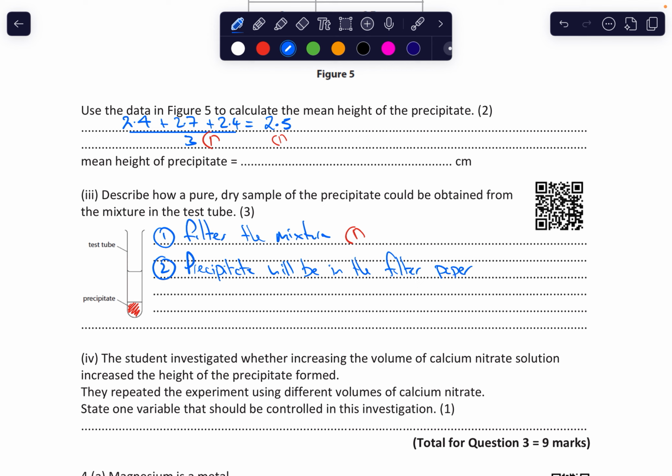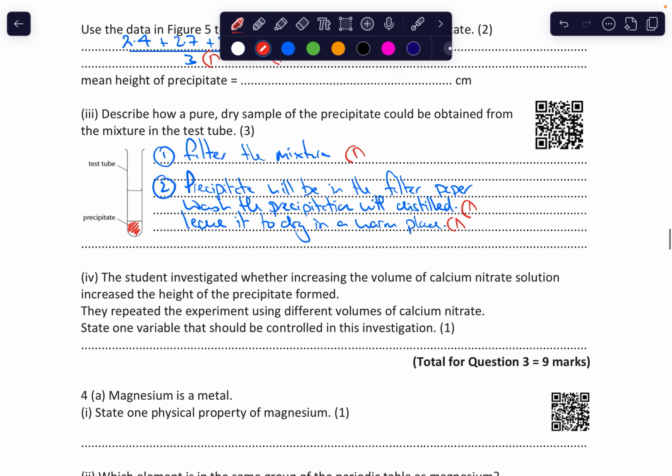Okay, and then what I need to do is wash the precipitate with distilled water. And that's going to remove any impurities on the surface, and then leave it to dry in a warm place. So marks wise is how they're going to be allocated for that one.